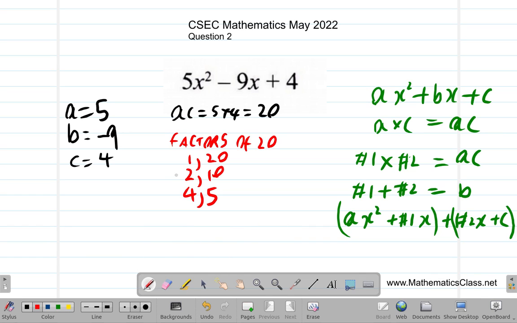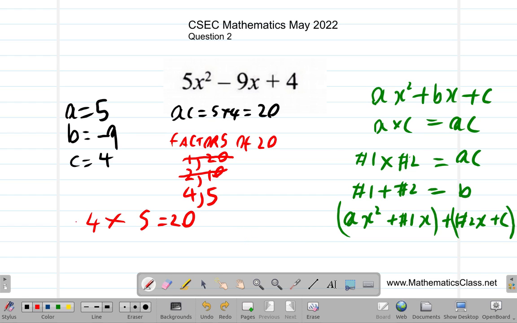So far, you see that these are out. What about 4 and 5? 4 times 5 gives you 20. Good. Now, 4 plus 5 gives you positive 9. We still haven't found the two numbers yet, but let us see.